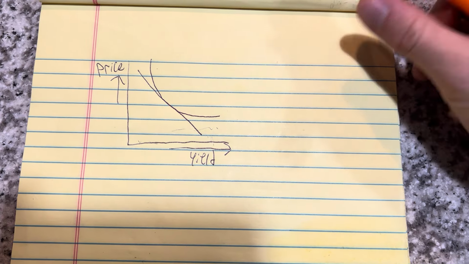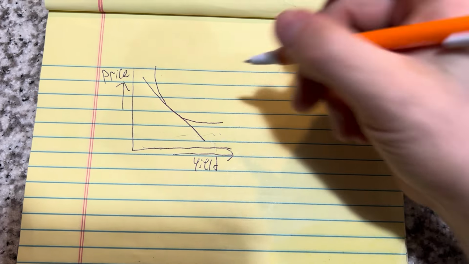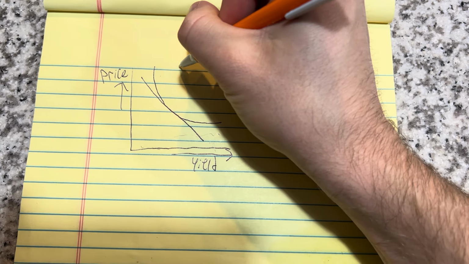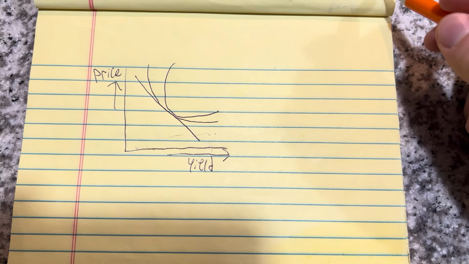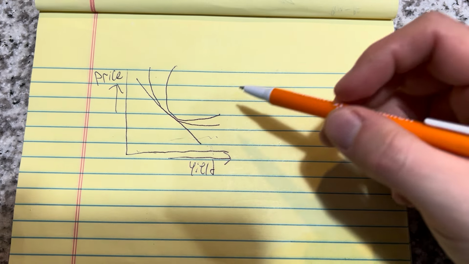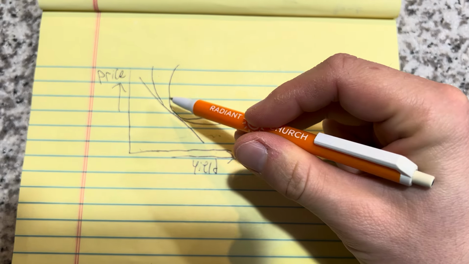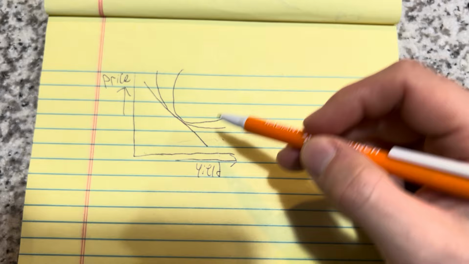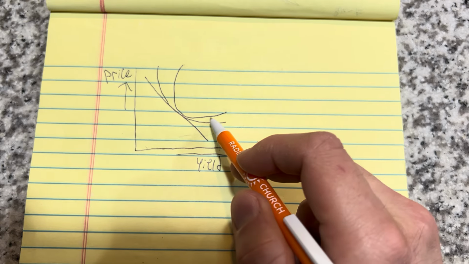So a couple of things to note here, right? If you have higher convexity, if this convexity is like this, well, check this out. That means if yields come down, the price goes up more. And if yields go up, the price comes down less.